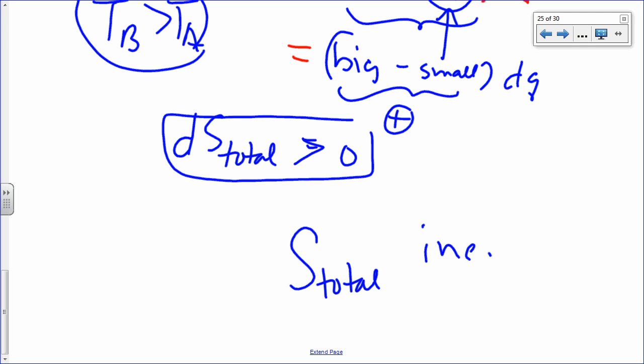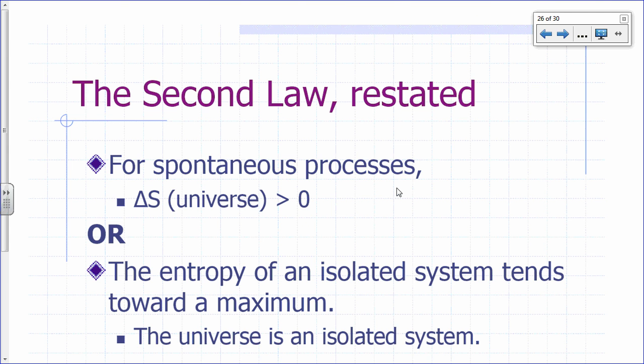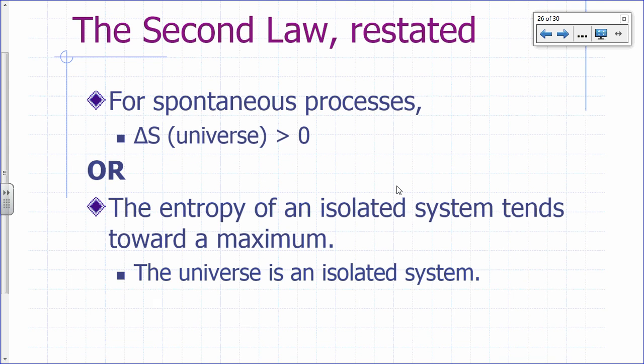Okay, this is the one that got introduced to you in your earlier courses, which says that for a spontaneous process, the entropy of the universe increases. Delta S of the universe is positive when a spontaneous process occurs. What do we mean by a spontaneous process? Something that has a natural tendency to occur, what we call irreversible processes. Okay?